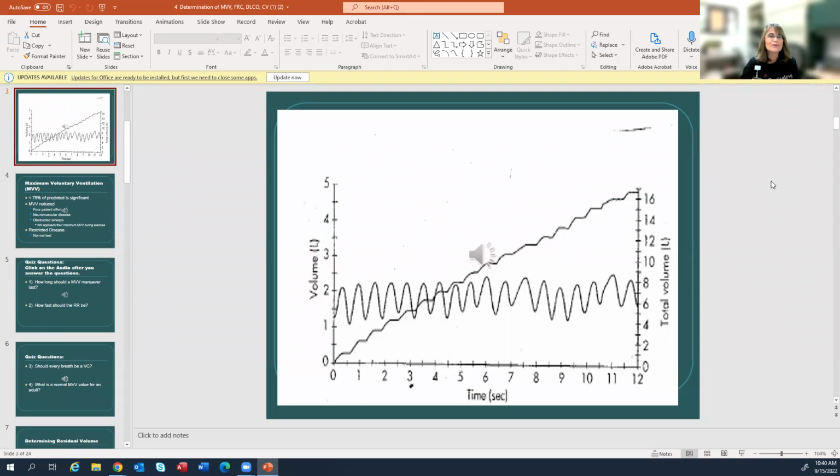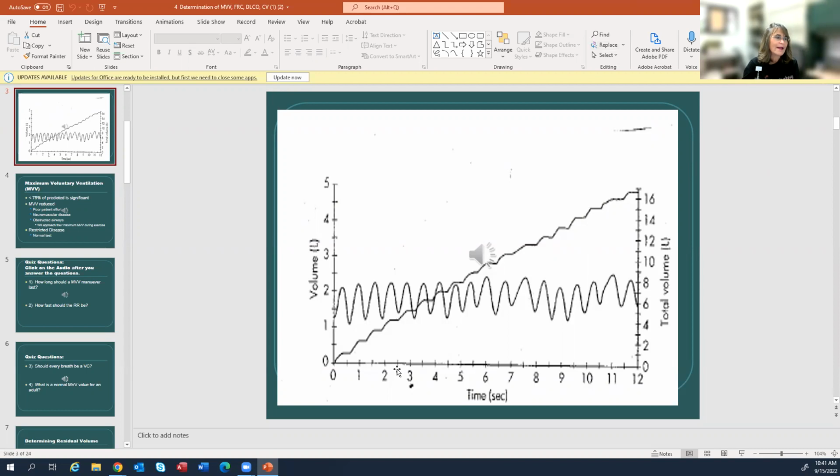And they're doing this for about 12 seconds. And from the 12 seconds that they do it, we figure out what their minute ventilation would be for the full minute. So they're breathing fast. They're breathing not their vital capacity, but somewhere between their tidal volume and their vital capacity. It's like they're panting really fast, as deep as they can.